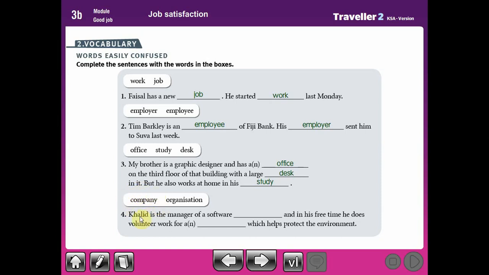And it's set up, it's made for financial purposes. This is the company. Khalid is a manager of a software company. That's good. But volunteer work, when you work as a volunteer or do voluntary work, you work for no money. You get no money for your work, so you work for an organization.